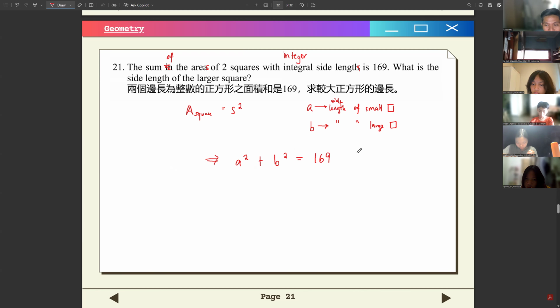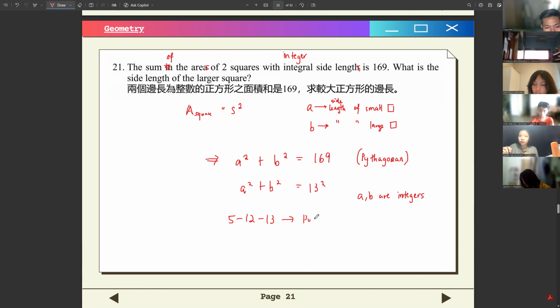What does this look like? This looks like a Pythagorean theorem problem. This 169, by the way, is just 13 squared, right? If you test different integers, by the way, A and B are integers. This is actually the one that we mentioned before, the 5, 12, 13 Pythagorean triple. So you can check if your A is 5, your B is 12, you would get 13 squared.